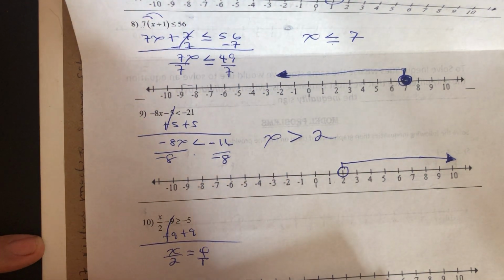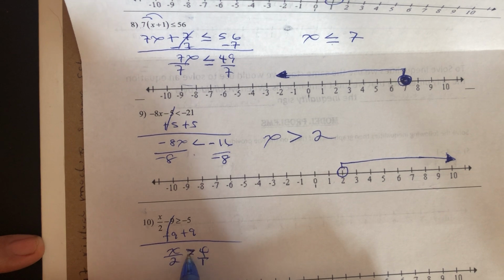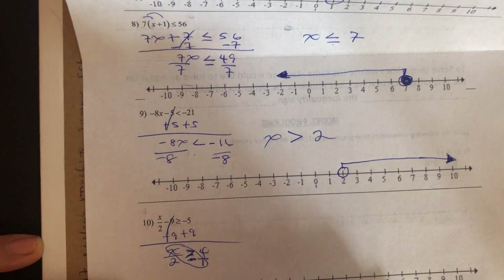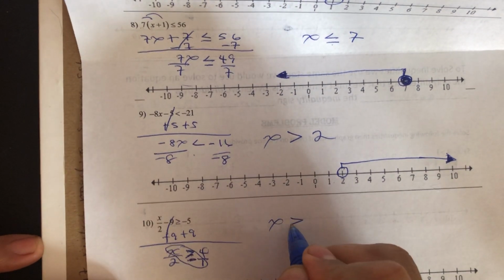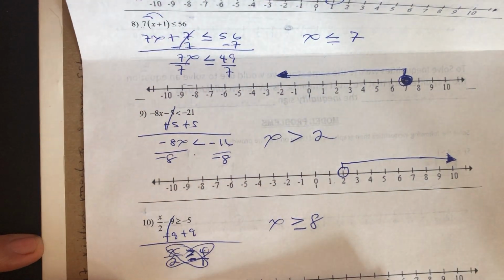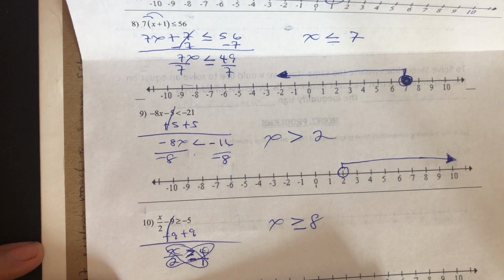Oh, I'm sorry, I'm using equal, then it's equal and greater to, my bad. Even I get confused. So if you multiply x times 1, you still have x. And 2 times 4 is 8. So x has to be greater or equal than 8.